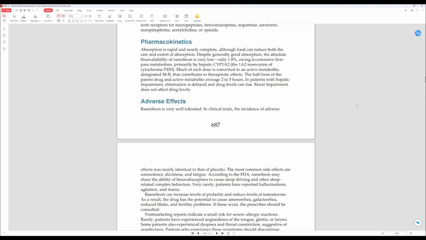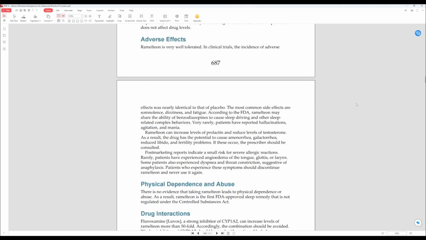Much of each dose is converted to an active metabolite, designated M2, that contributes to therapeutic effects. The half-life of the parent drug and active metabolite averages between 2 to 5 hours. In patients who have hepatic impairment, elimination may be delayed and the drug level may rise. Renal impairment, however, does not affect drug levels.